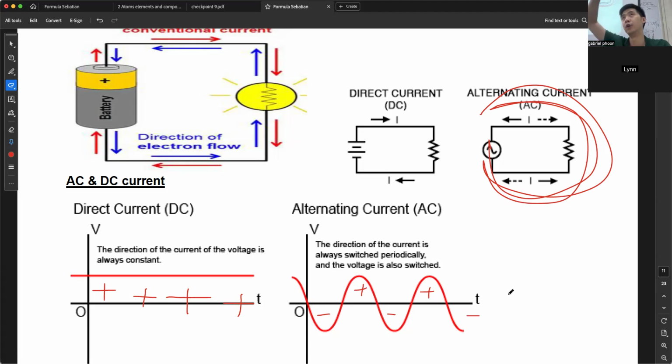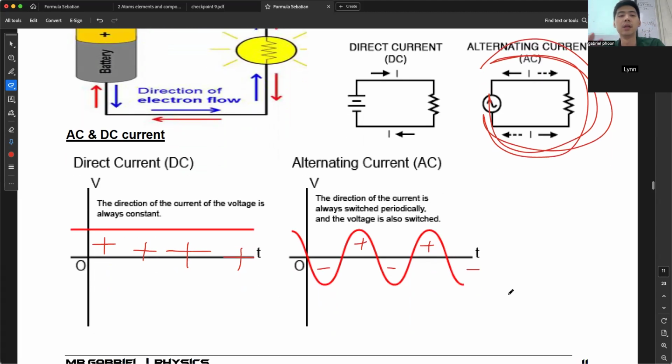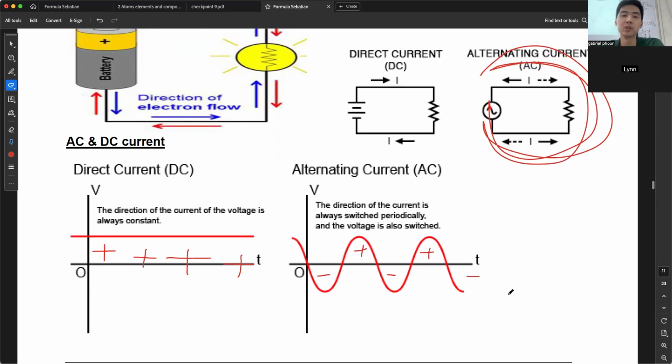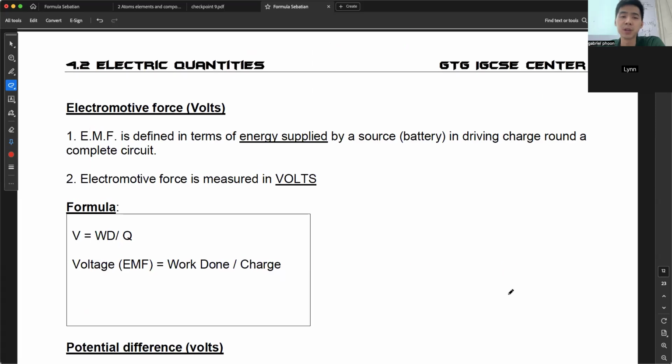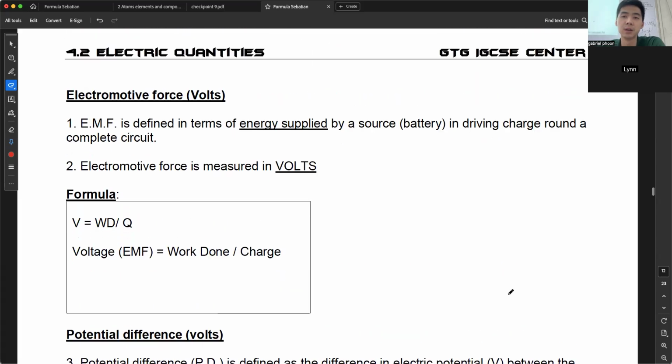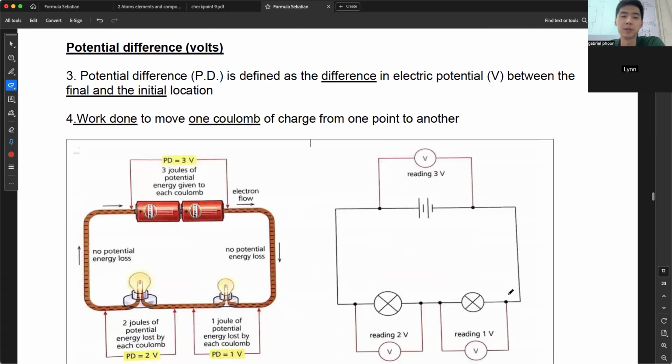Okay, if you associate clockwise as positive, then the anti-flow must be negative. Keep that in mind first. Right now, you need to know there's two types of current, alternating and direct current. All this builds up to the next few chapters, guys. So just have a good foundation first.